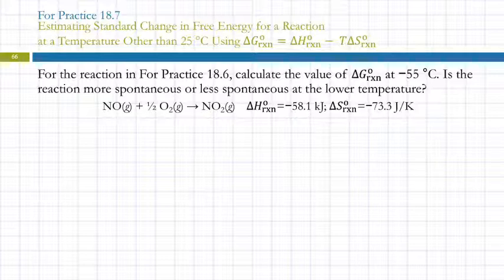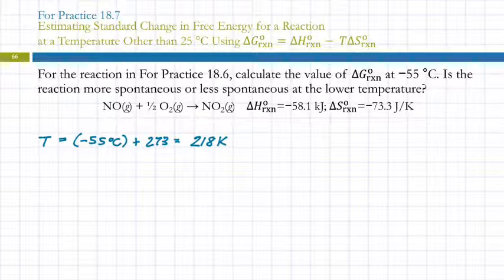My brain is not working. We're supposed to calculate delta G at minus 55 degrees Celsius. So that needs to be in Kelvin. So the temperature is minus 55, and then we're going to add 273. Yeah, 218. And so it's asking us to calculate the value of delta G at that temperature.